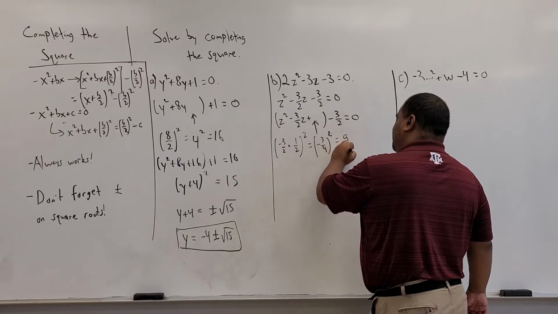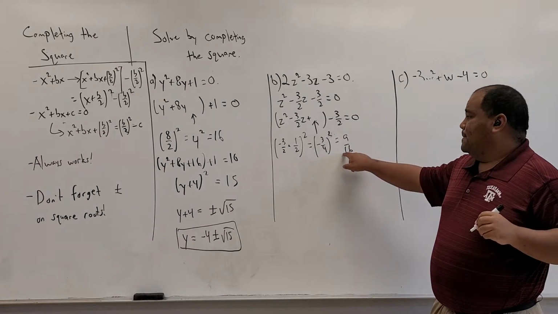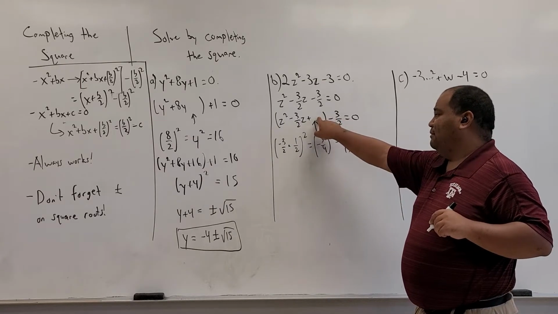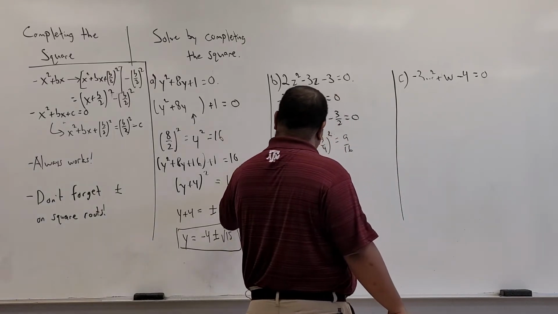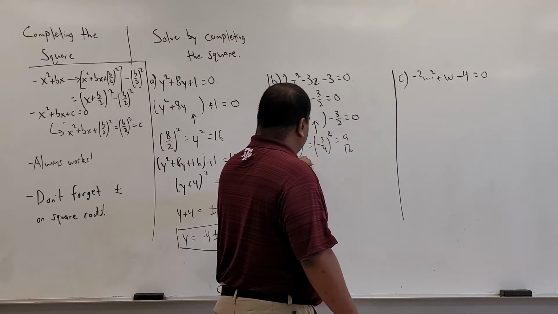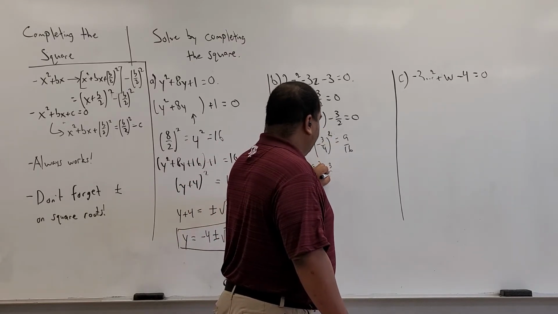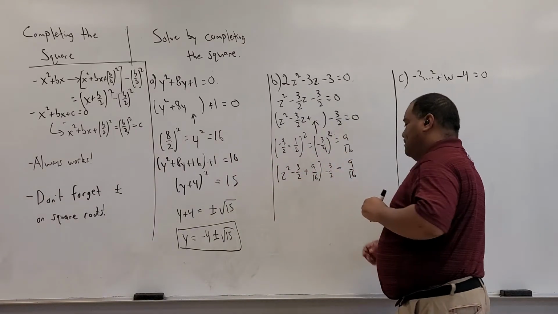Remember that when you square something, you always get a positive number back. So we will add the 9 over 16 to this side here and on this side here. So we have z squared minus 3 over 2z plus 9 over 16 with the leftover 3 over 2 outside there, minus 3 over 2, equals 9 over 16.